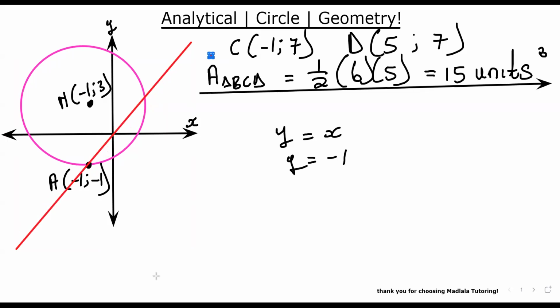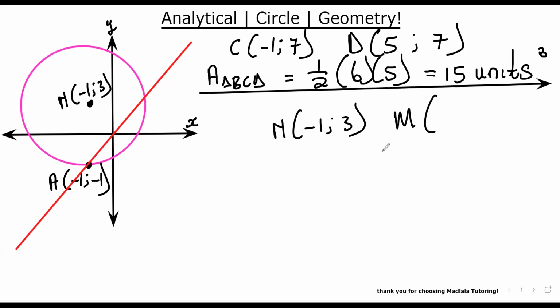Okay, fine. Let's talk about the centers first. And this is literal. You had the point N, which is (-1, 3). So now we want to find the coordinates of the point M, okay?